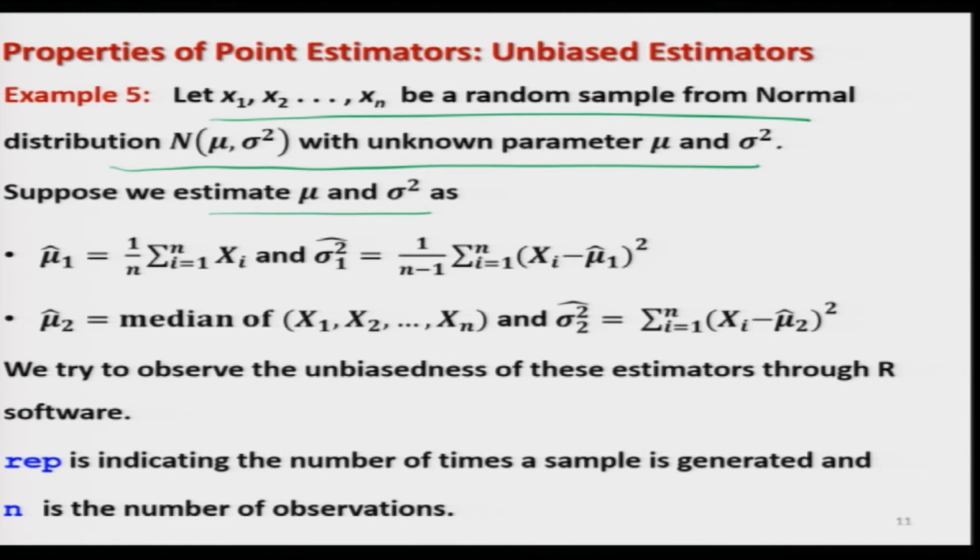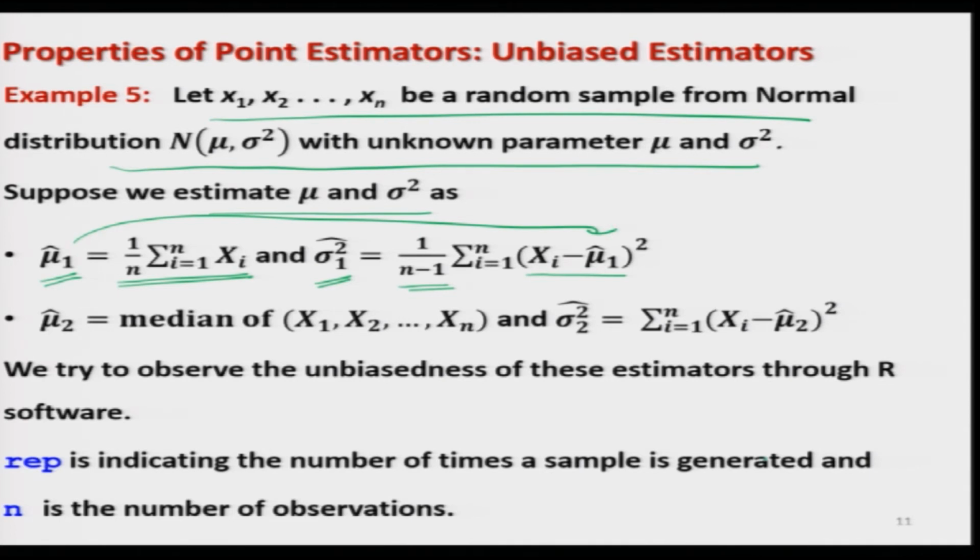The first choice is this: I take mu 1 hat to be simply the sample mean, 1 upon n summation xi, and the estimator for the variance is sigma 1 square hat, which is 1 upon n minus 1 summation i goes from 1 to n of xi minus mu 1 hat whole square.